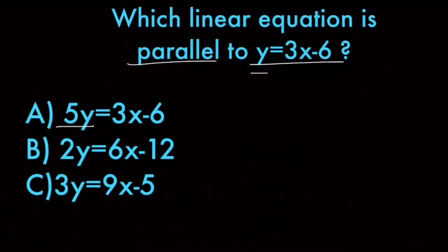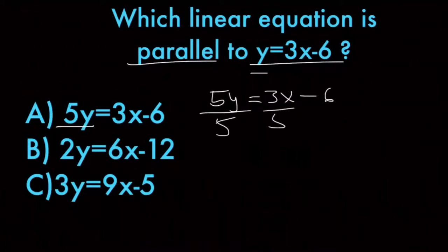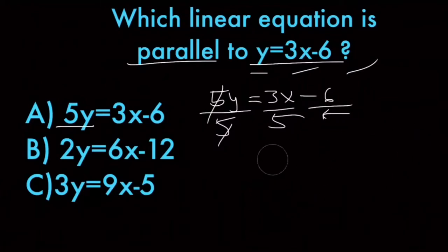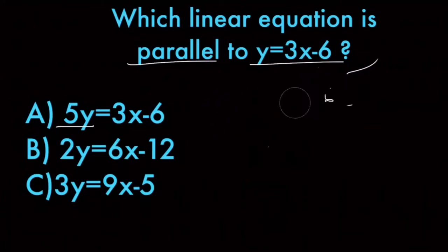So let's take the equation 5y equals 3x minus 6 and simplify it, getting y alone to equal 3/5 x minus 6/5. Now we can see that the slopes aren't the same, so we shouldn't even bother checking if the y-intercepts are the same or not. So A here is not an answer. So we can cross that off.